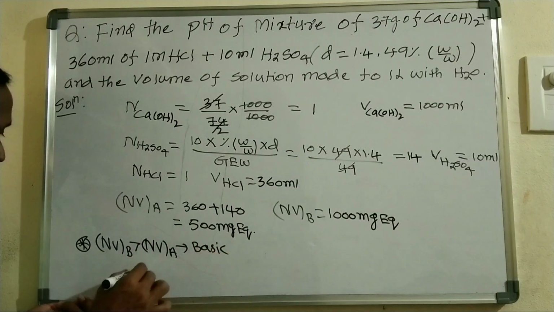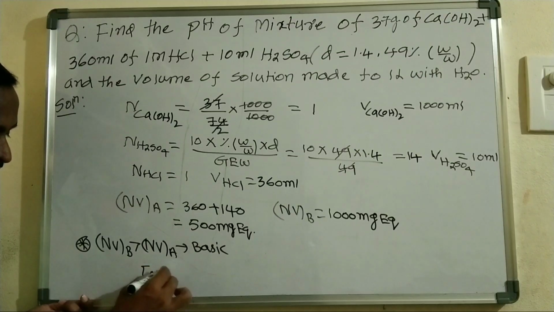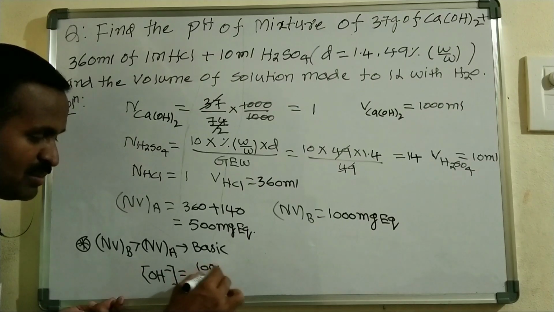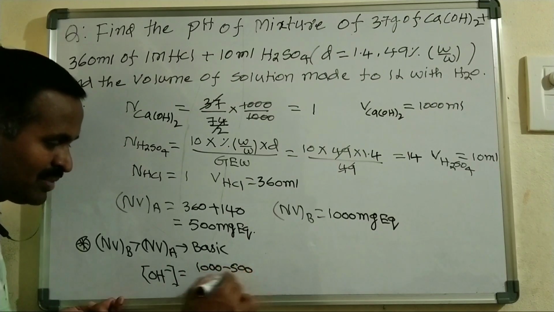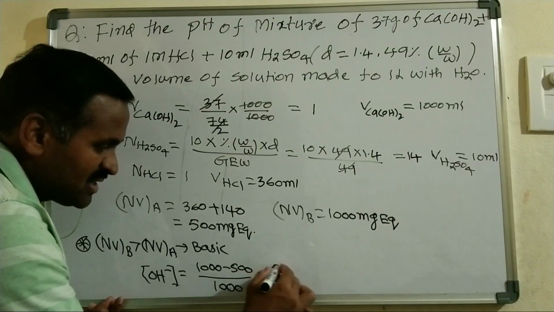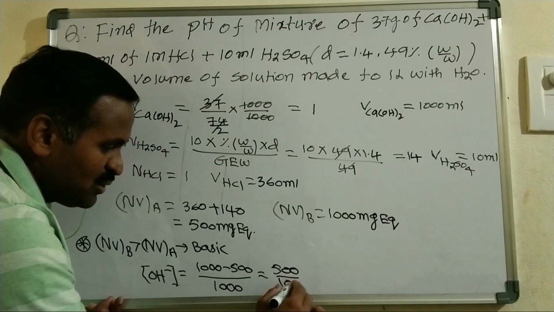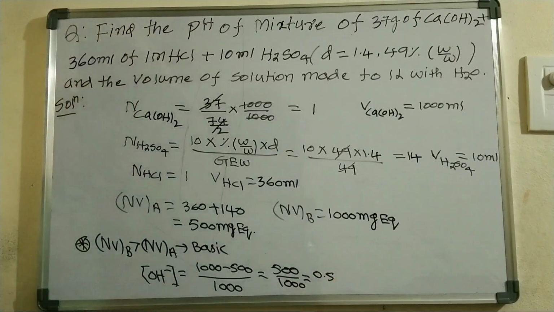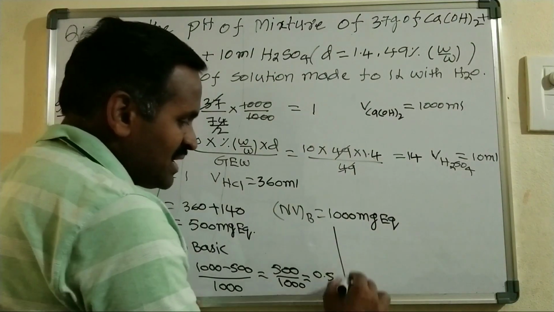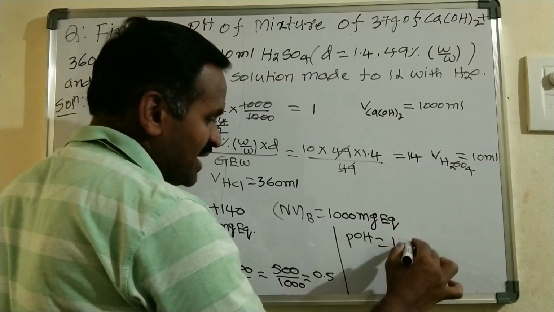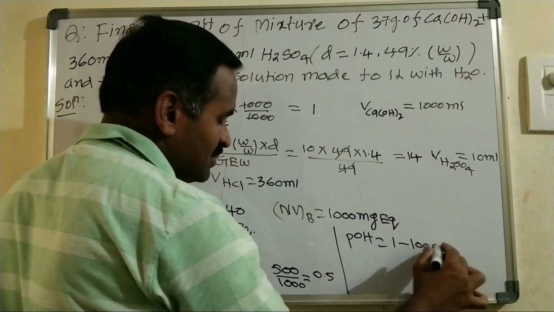For the basic solution, I can find its OH minus ion concentration, which equals 1000 minus 500 divided by the total volume of 1000. So I can write 500 divided by 1000, that means 0.5, 5 into 10 power minus 1 we can also write. From this I can find the pOH. So pOH equals 1 minus log 5.